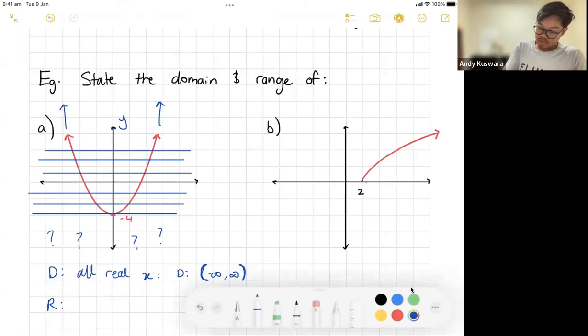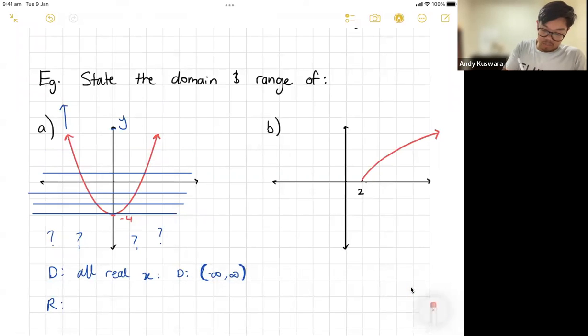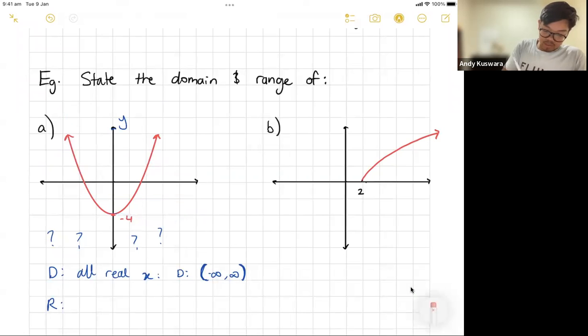And so from here, we can see this is how I'd write my answer, just cleaning that up. I can see here that for my range, my y values have to be greater than or equal to -4. That's where my graph exists. It's allowable there.